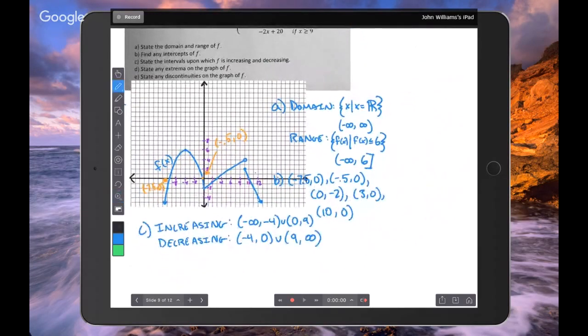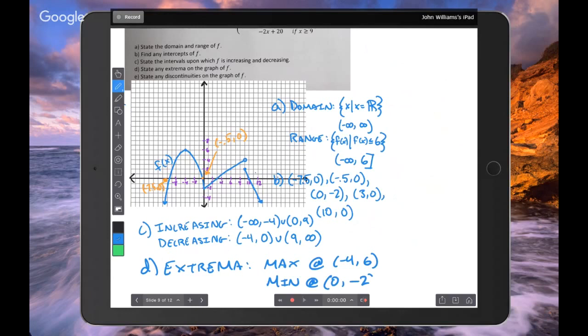Okay, so I had an extrema. There's a D, extrema, and I said max at -4, 6, minimum at 0, -2. -4, 6, right there. 0, -2, right there.